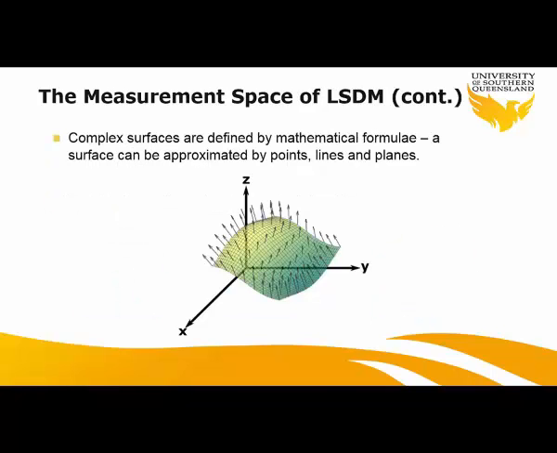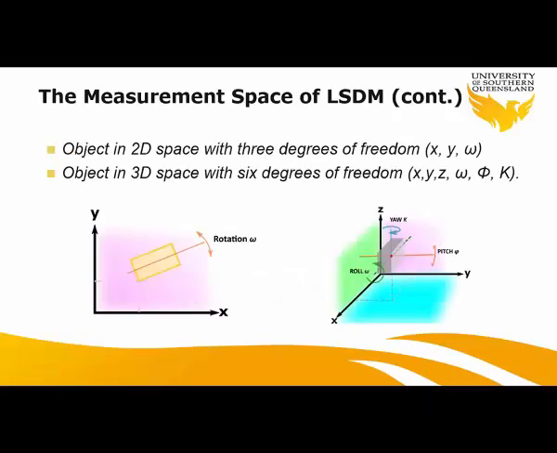We also have the complex surface, which is not simply defined by 3 points. It's very complex, and it can be defined by a mathematical formula, and it's basically a combination of points, lines, and planes. This example shows you a complex surface.